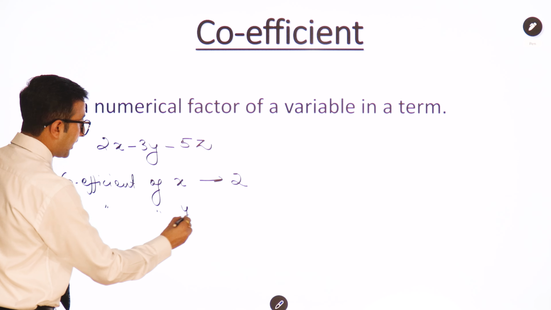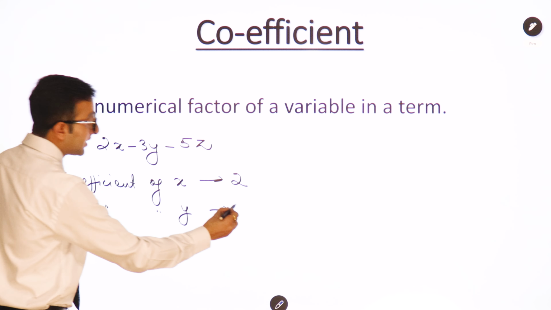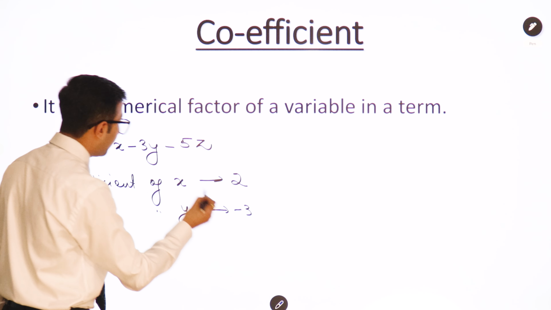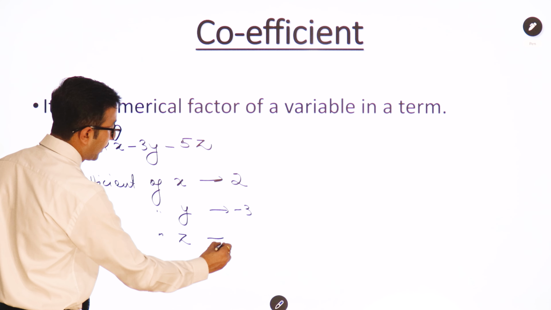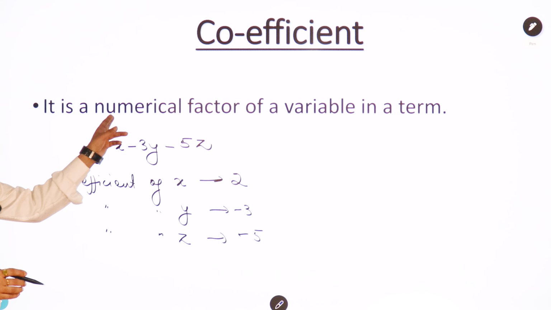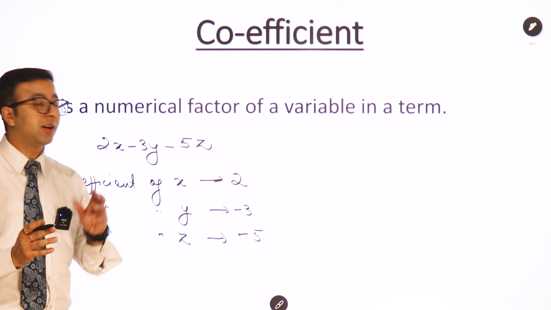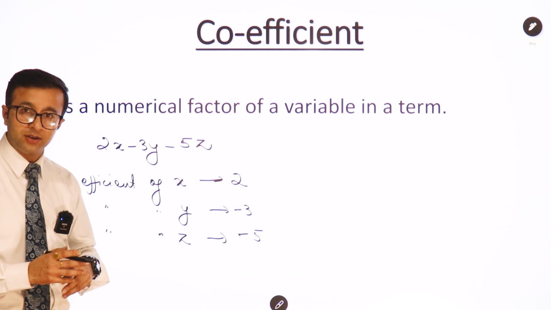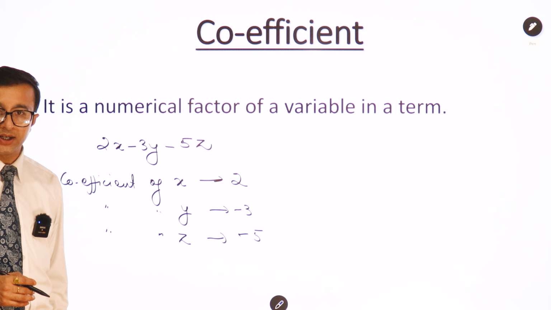Coefficient of y, you can see here, which constant number is multiplied with y? That is not only 3, this is minus 3, you have to see the sign also. Similarly the coefficient of z is equal to minus 5. So look at here, the numerical factor of a variable in a term. In any term, whichever is the constant or numerical factor of that term, we say that is the coefficient.